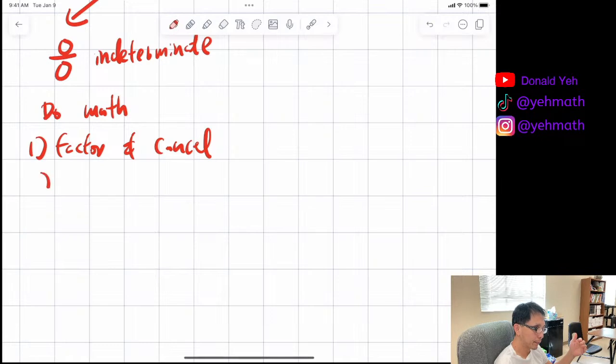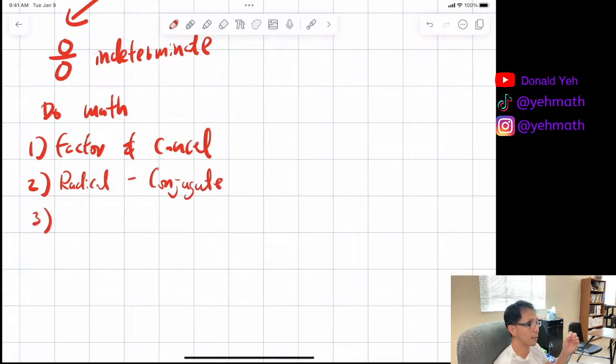If you see a radical, you should think about the conjugate. I don't know if you know what conjugate means. It's not in Spanish. I know some of you guys are thinking Spanish. But math conjugate is a little bit different. It uses the idea of a difference of squares.